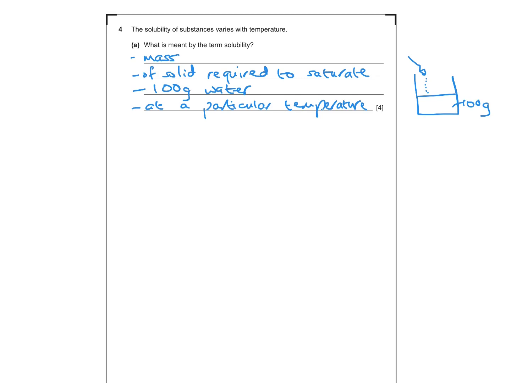So it will reach a stage when it's saturated that when we try to add some more solid, the solid will stay undissolved. And putting in the final point is important because generally for solids, as you increase the temperature, the solubility increases. So you must always specify what temperature you're talking about when dealing with solubility.